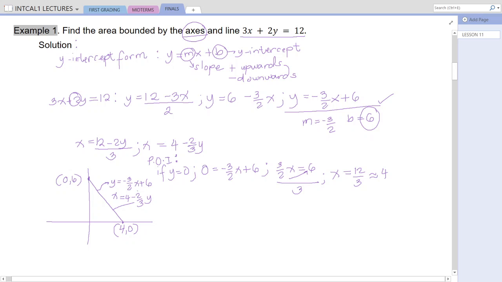If we are going to use a horizontal strip, or either a horizontal strip or a vertical strip, this will be the value of dx.